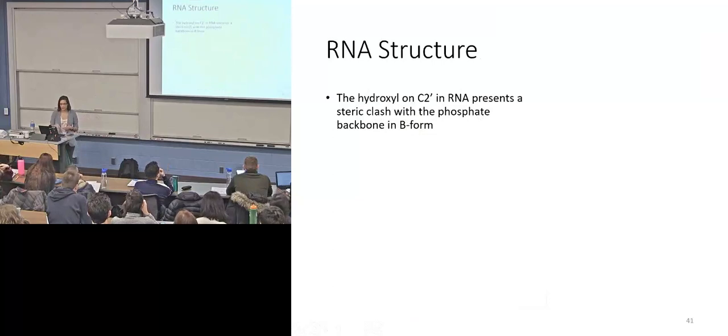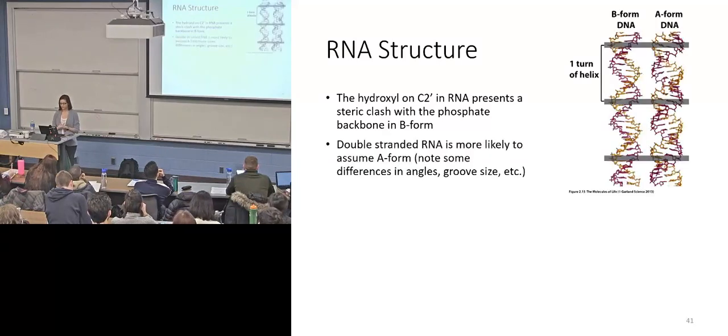Okay, RNA structure, super briefly. The hydroxyl on the C2 presents a steric clash with the phosphate backbone such that it can't assume B form helices. So when you do have double-stranded RNA, it's more likely to assume A form.